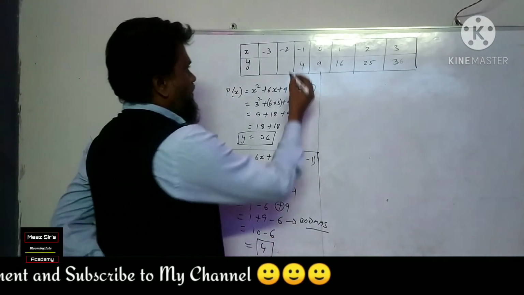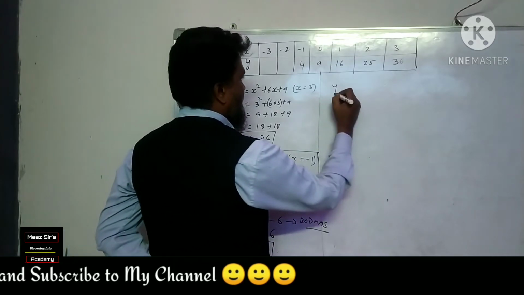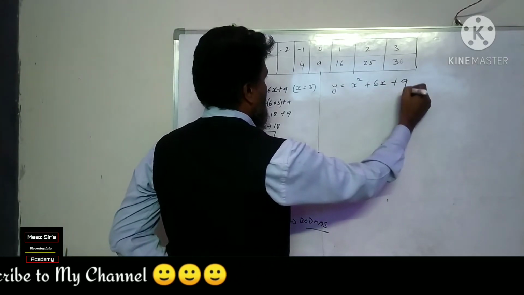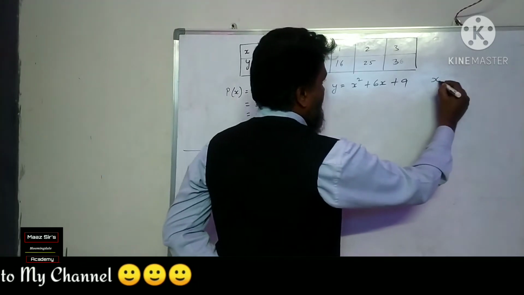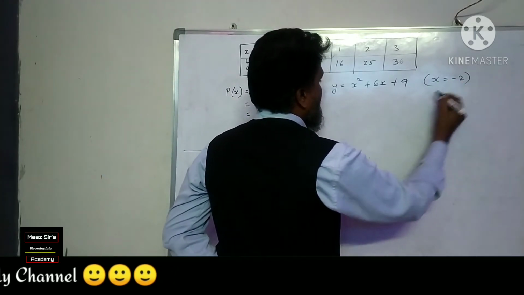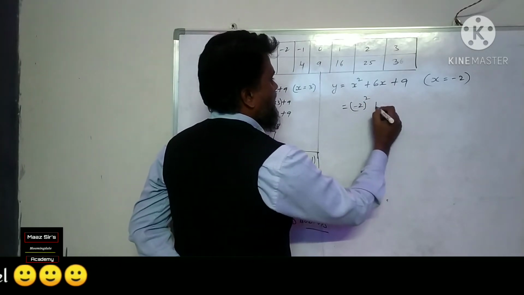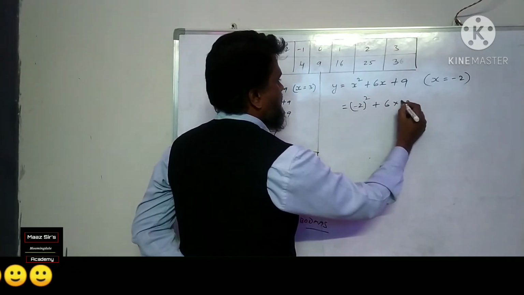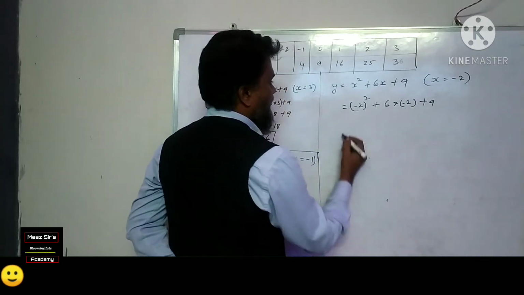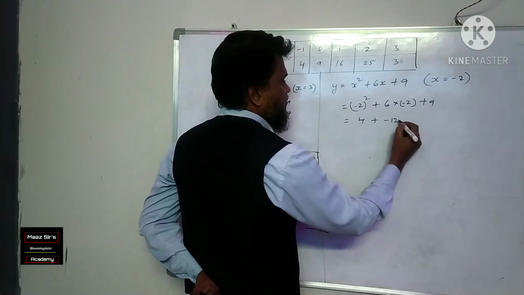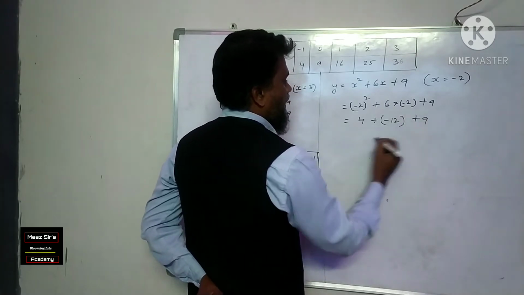Now we will do for minus 2. So y is equal to x square plus 6x plus 9. So x is equal to minus 2. So for that, minus 2 square plus 6 into minus 2 plus 9. 4 plus minus 12 plus 9.